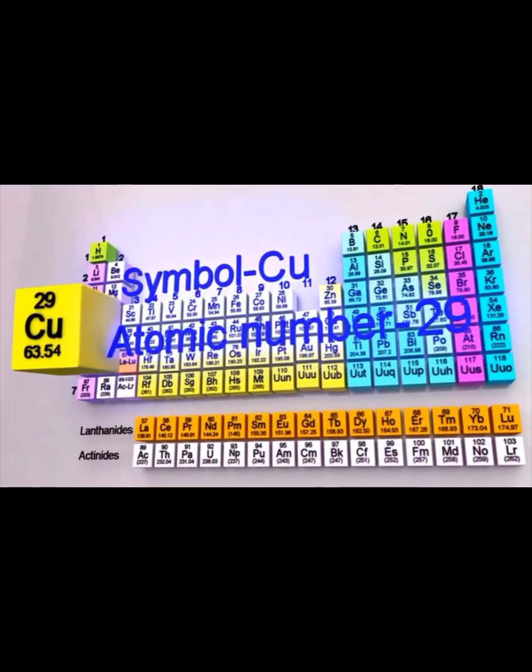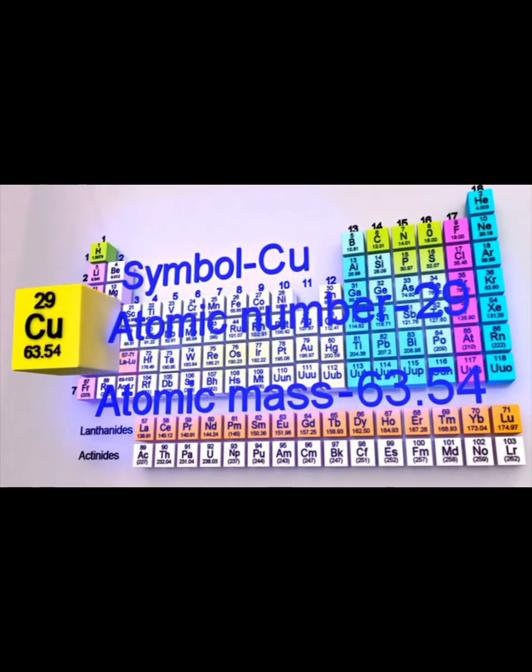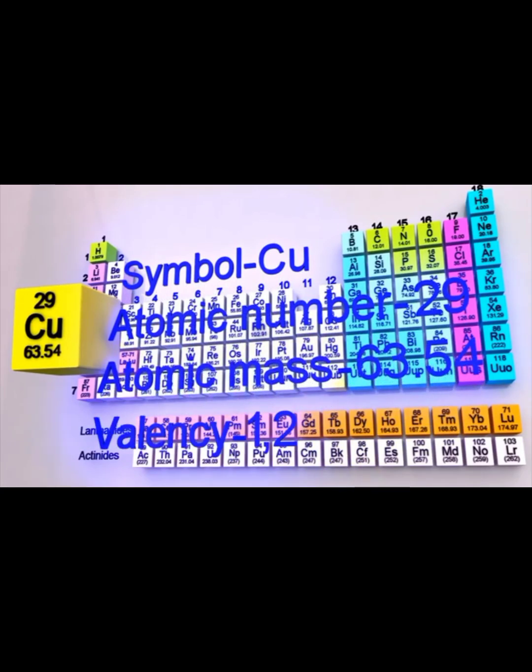Its atomic number is 29 and atomic mass is 63.54. It exhibits valency of 1 and 2.